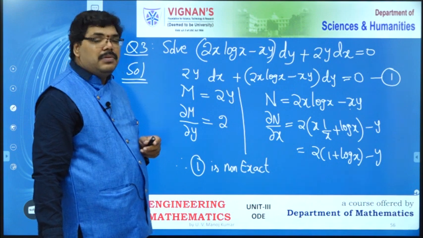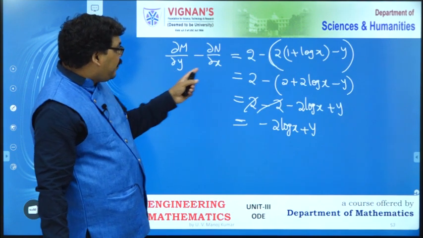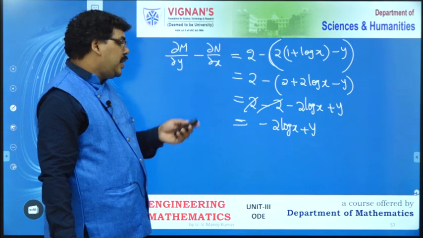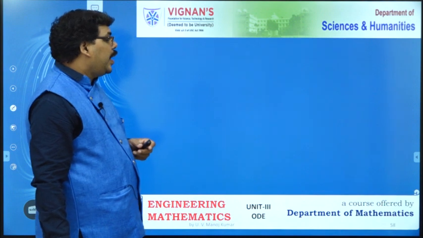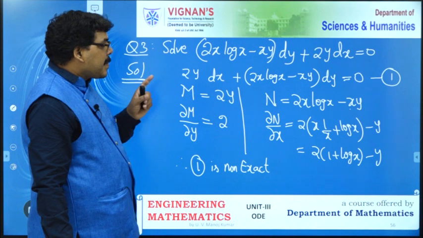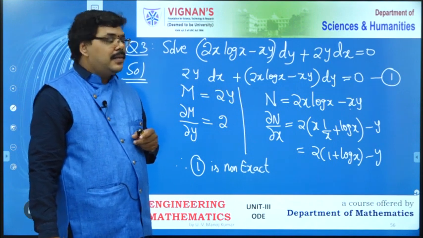Which one is better to divide the result? Which one is convenient, m or n? Tell me which one you are expecting.